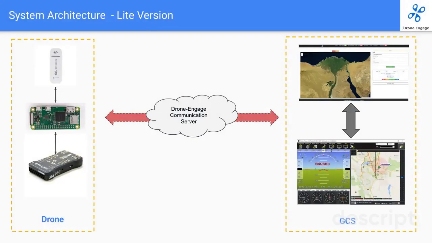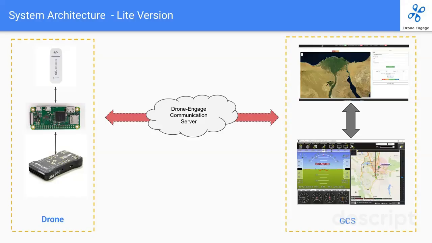The light version system architecture provides a clear picture of how all components communicate. On the drone side, the 4G GSM stick connects to a Raspberry Pi board, which interfaces with your flight controller, creating a complete onboard system. All telemetry and video data flows through the Drone Engage communication server in the cloud, providing secure and reliable data transmission.